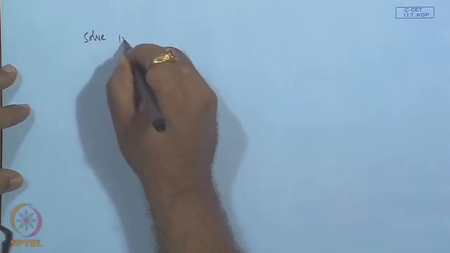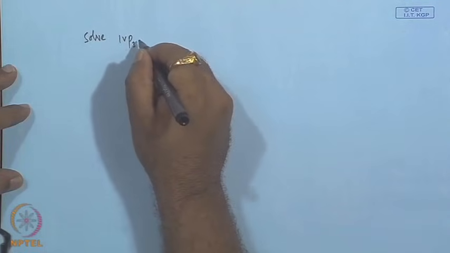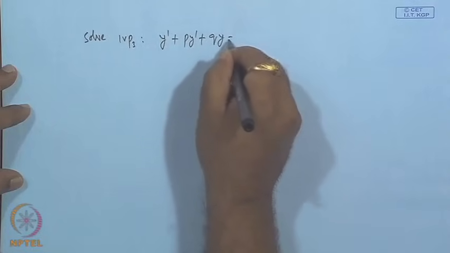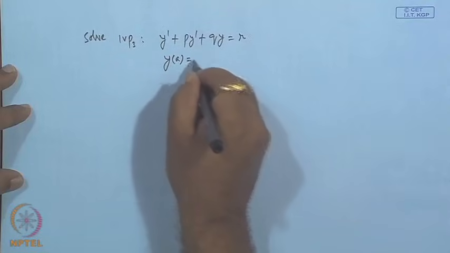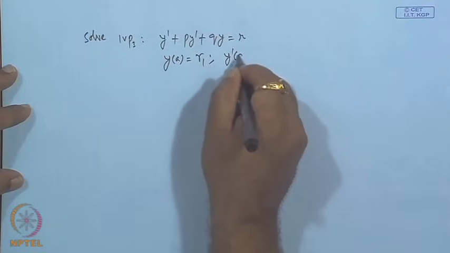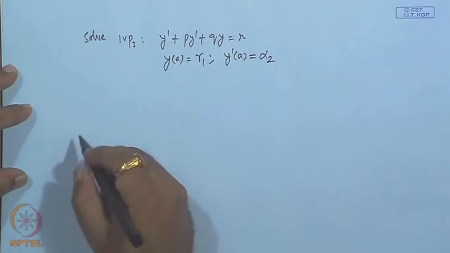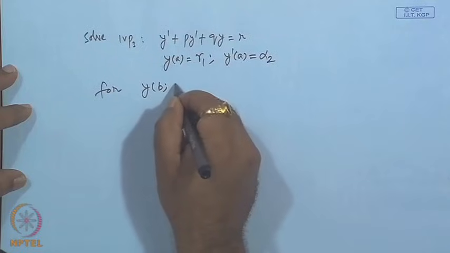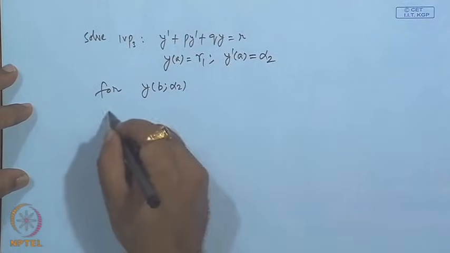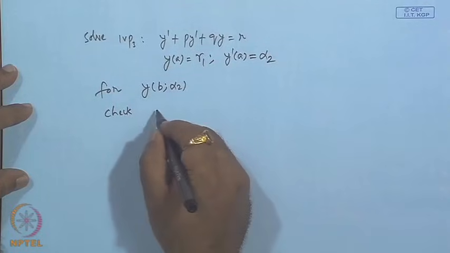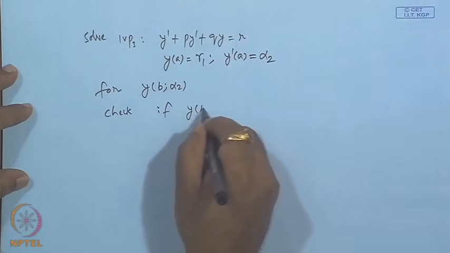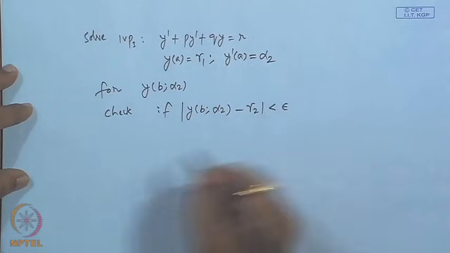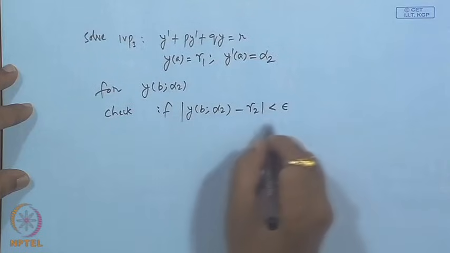Solve IVP 3 with alpha 2, then solve for y of b, alpha 2, then check if this is less than epsilon.